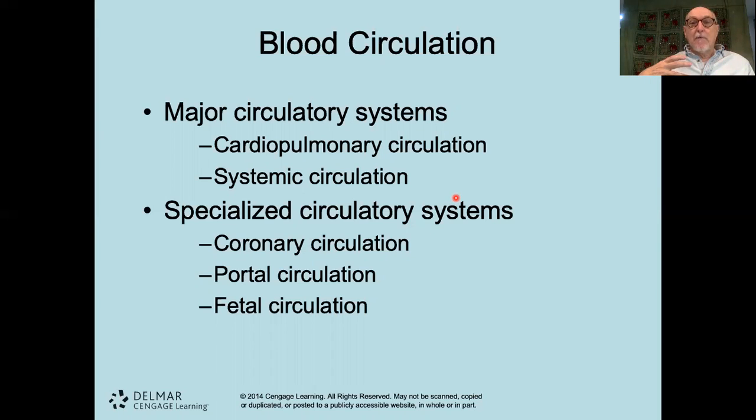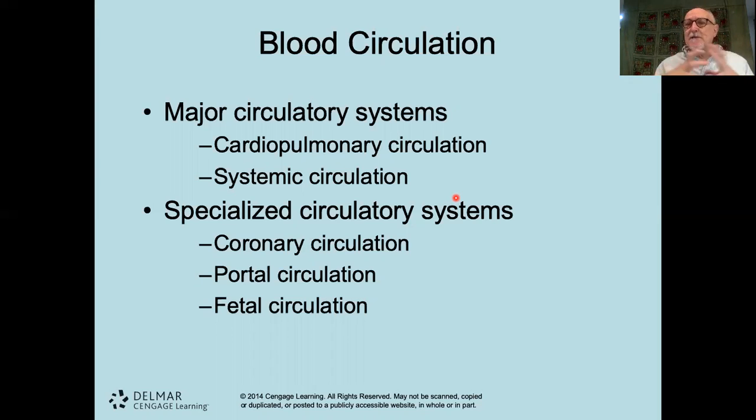The cardiopulmonary circulation is driven by the right-hand side of the heart. The systemic circulation is driven by the left-hand side of the heart. But we're going to learn that there are some other circulatory systems as well, which are quite specialized.